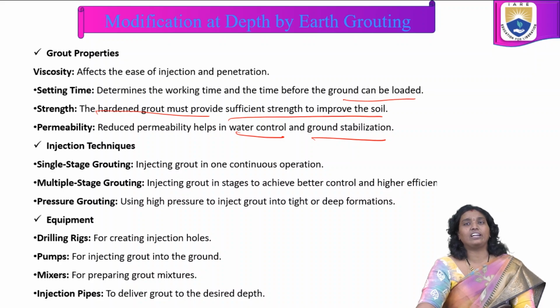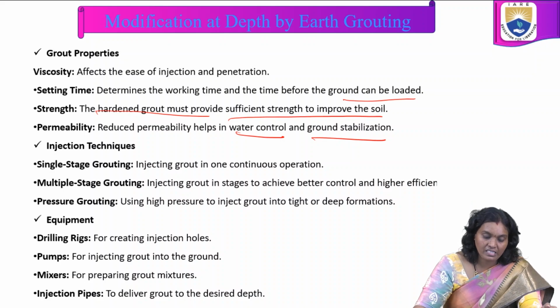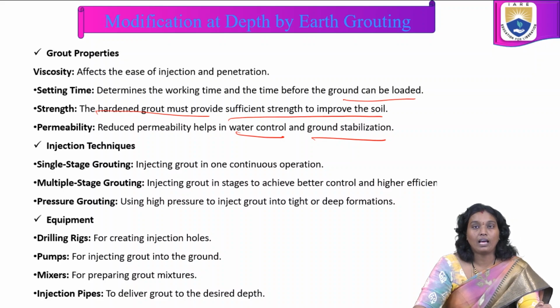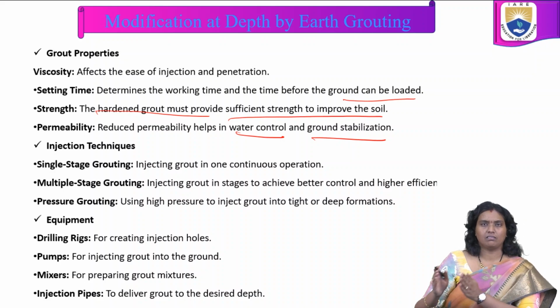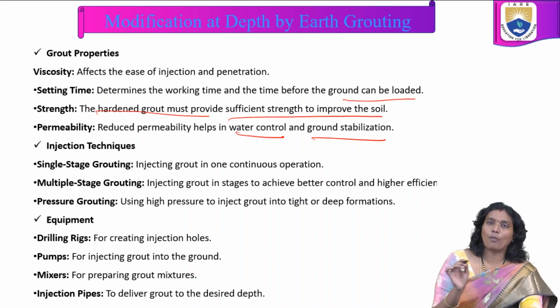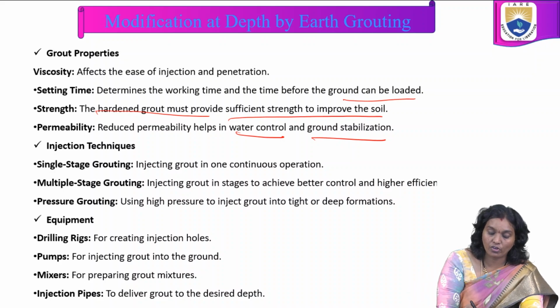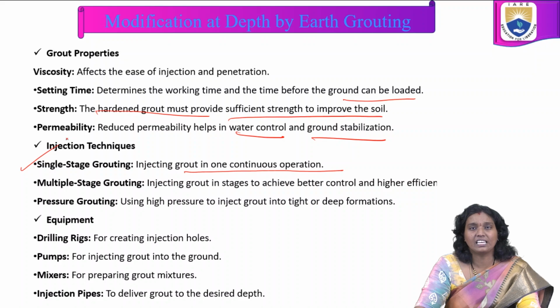Coming to the injection techniques, single stage grouting, multiple stage grouting and pressure grouting are available. Whether it is single stage, multiple or pressure depends on the operation. Once the operation requires continuous injection, we do it in single stage grouting.